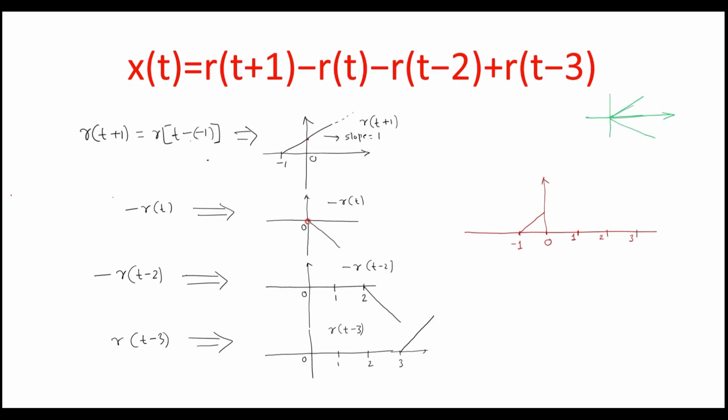Here at t equal to 0 there is a negative ramp signal. So when we add this signal with this signal, the resulting signal will be like this. Therefore the resulting signal will move like this. This will be continued till t equal to 2 because the third ramp signal begins at t equal to 2.